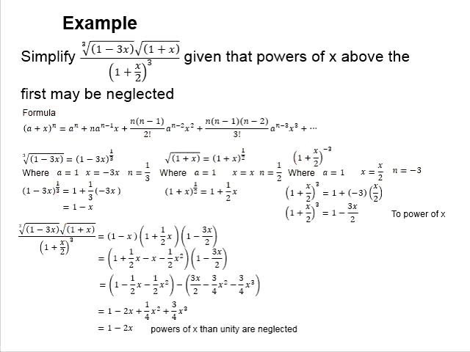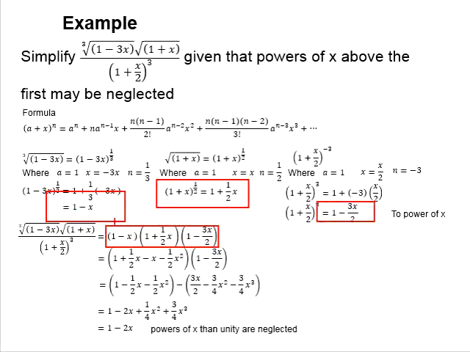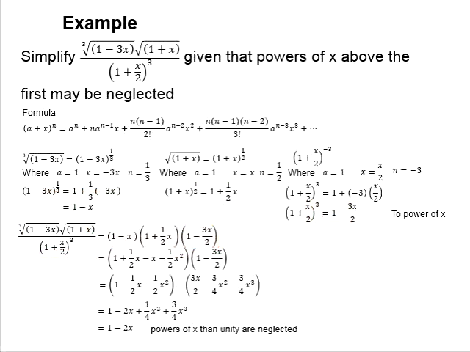This will give you 3 terms. Next, you combine the 3 outcomes of the binomial expansions to be equal to the function that you are interested in. Solve the functions. You will get your final outcome.